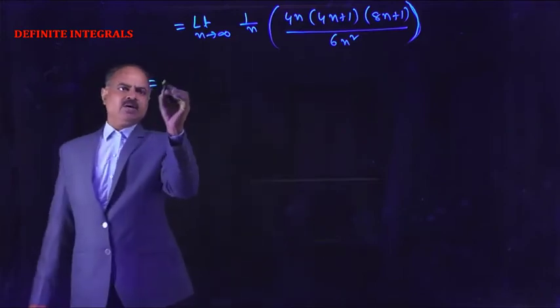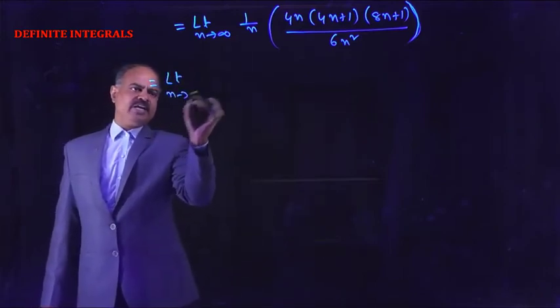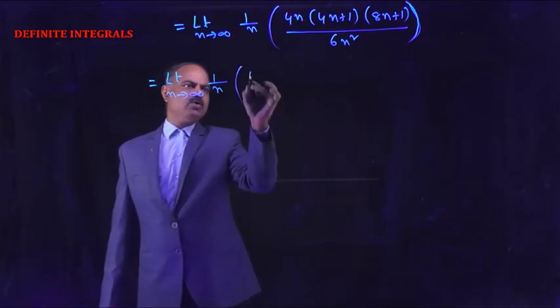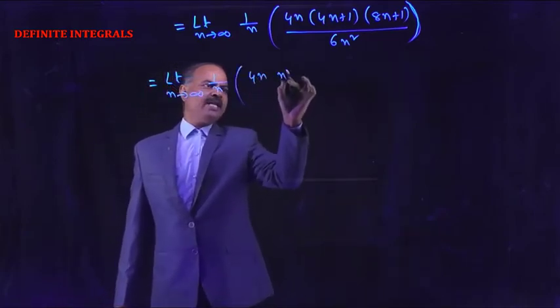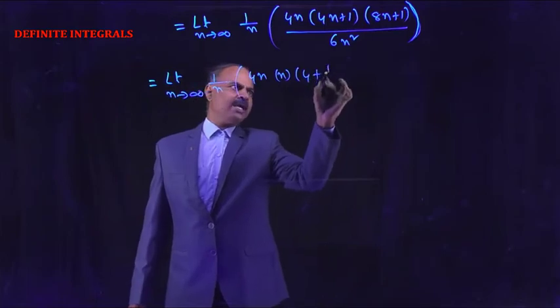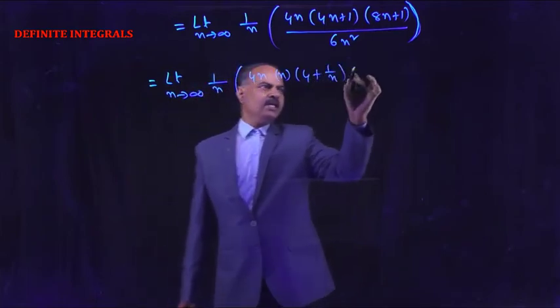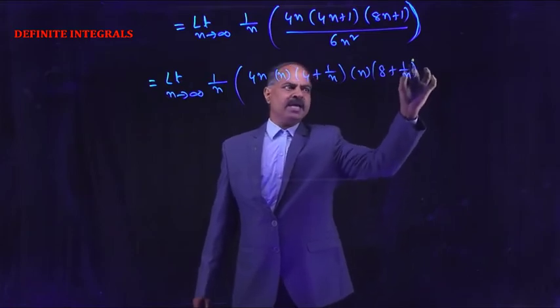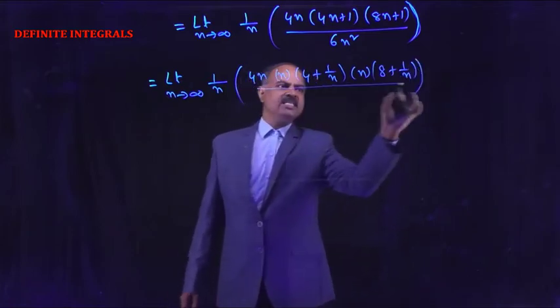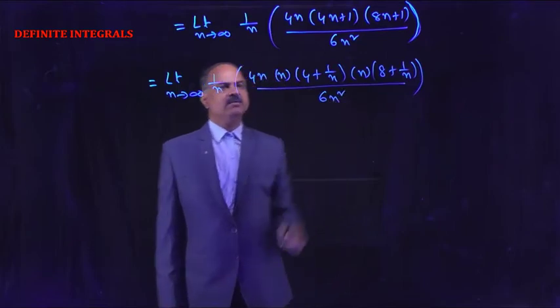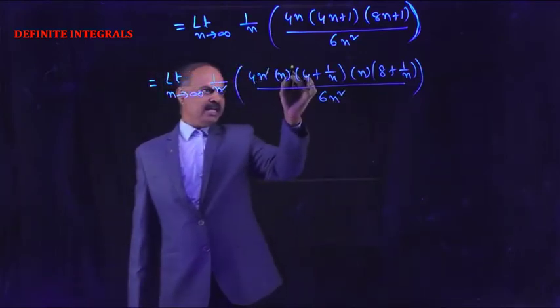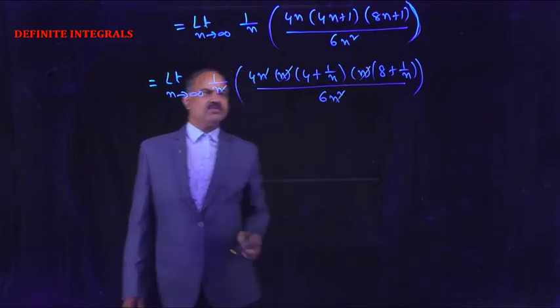Now this is equal to limit n tends to infinity 1 by n into 4n into n(4 plus 1 by n) into n(8 plus 1 by n), divided by 6n square. So here this n cancels, and n into n square and this n square get cancelled.